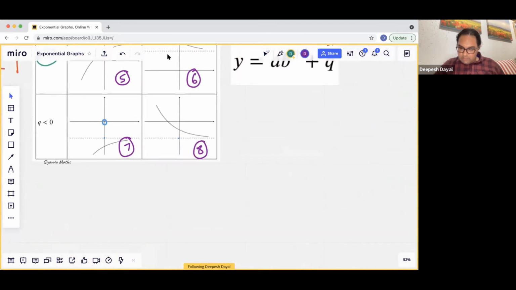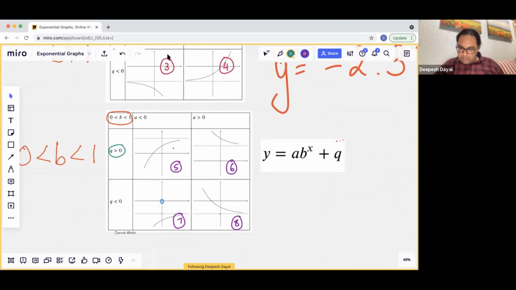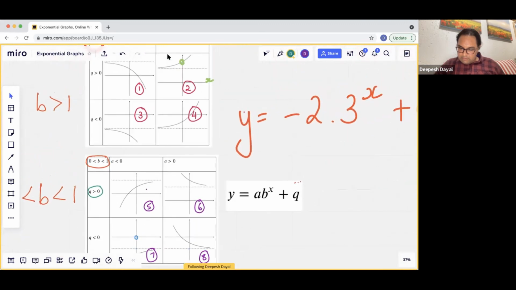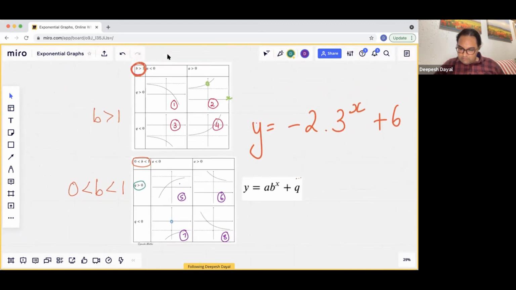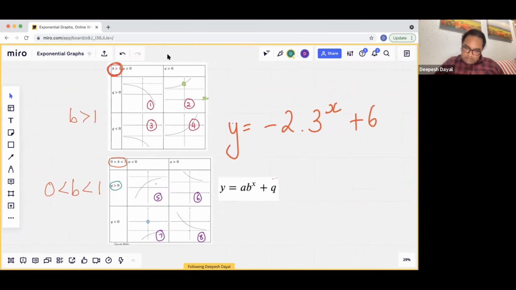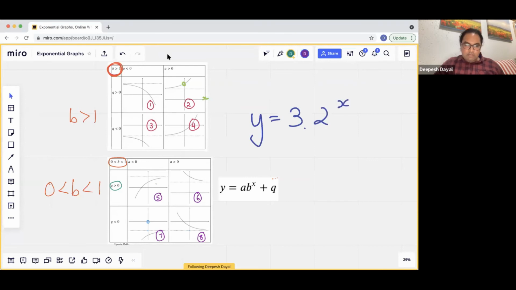Okay, so I'm going to put it here. So we've got y equals 3 times 2 to the x plus 2.